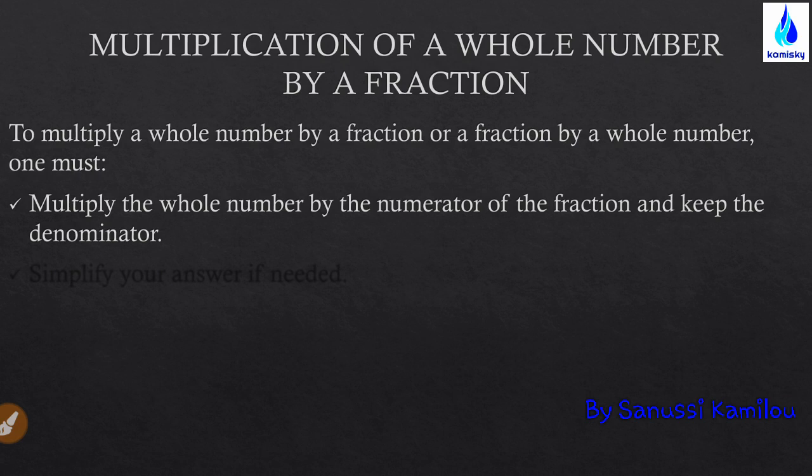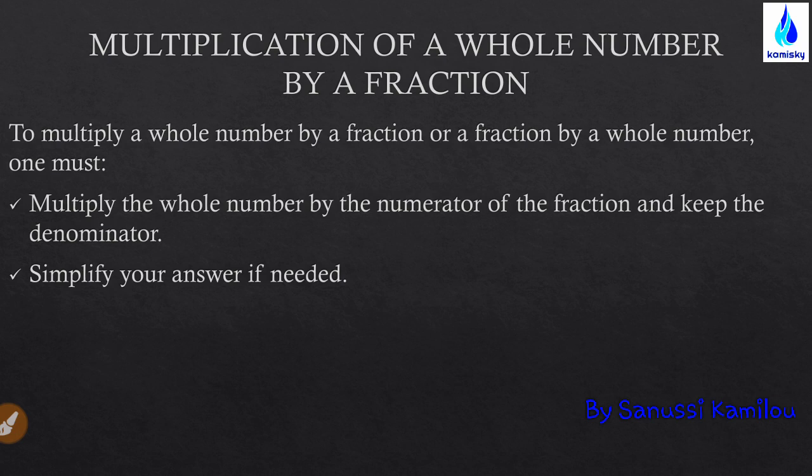So we shall multiply the whole number by the fraction, but we only use the numerator of the fraction. At the end of the day we shall keep our denominator. If you finish, you check whether the fraction we have gotten can be simplified. If it can be simplified, go ahead and simplify it and get the simplest form.